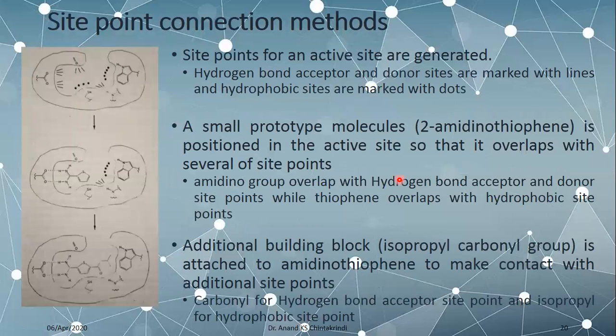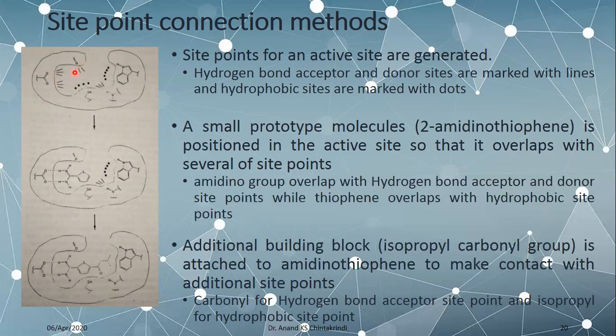How does this method work? First, the site points are generated for an active site. Say suppose this is an active site, you can see a carbonyl function here, you can see a carboxylate or a tryptophan residue. Now, site points are generated. What are site points? In front of a carbonyl group you place hydrogen bond acceptor site points.